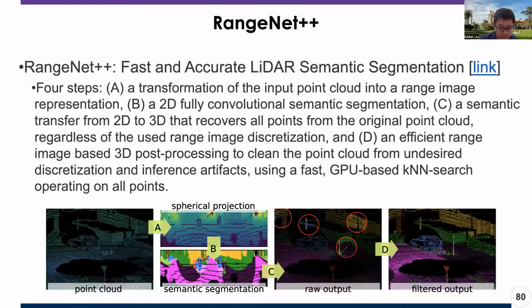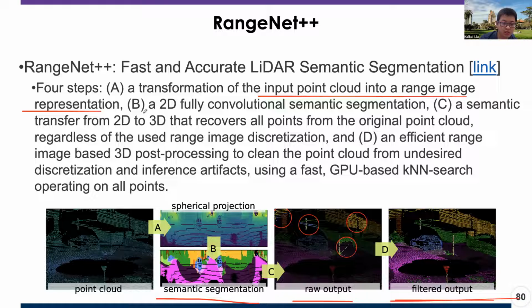Yeah, so this is the basic process. After they have the semantic segmentation, they also have the raw output. After the raw output, they do some filtering to filter out some of these error points to make the filtered results much better. So they also claim that they have 3 steps. One is to transform the image into a range image representation, which is the projection process.